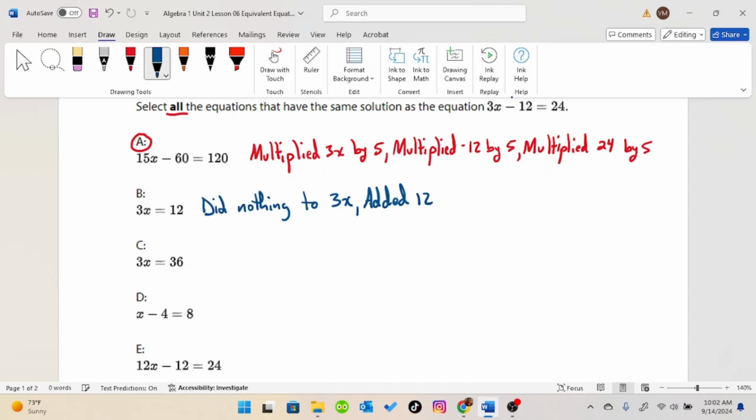added 12 to the left, but subtracted 12 from the right.